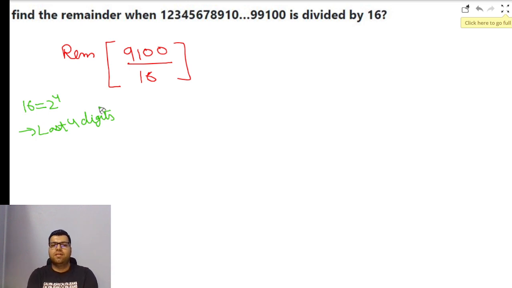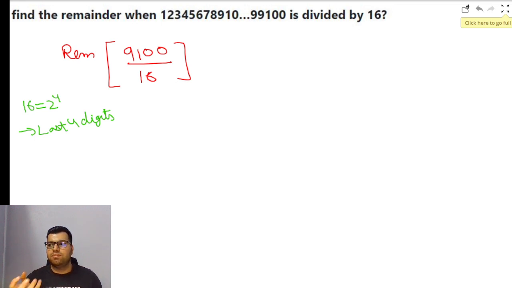Okay, we have to calculate this. Now students, I will tell you a new property which we are learning from this question. This is simple. You can calculate the remainder of 9100 with 16, but there is a new remainder property, a REM function property, that you have to learn by doing this problem. I'm introducing a new slide. This is another property.